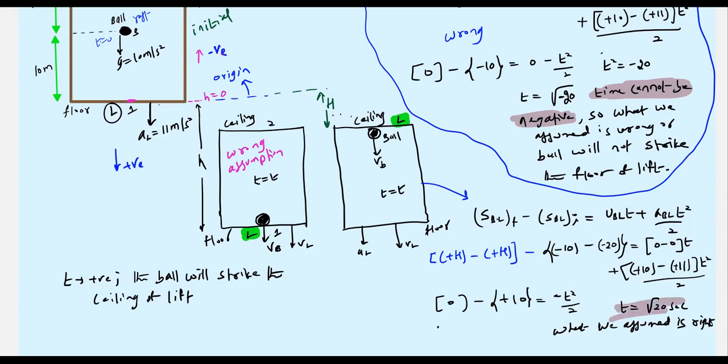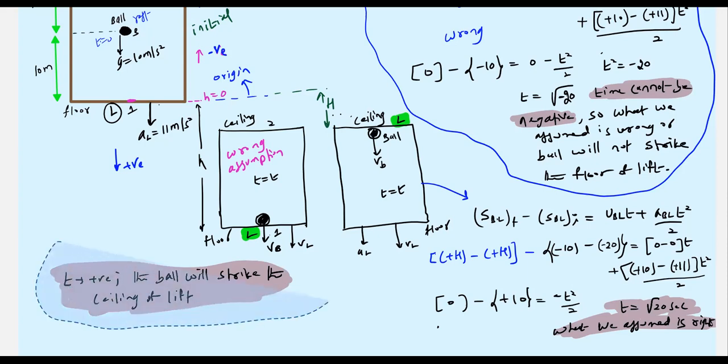We'll conclude in this way: what we assumed, that the ball will strike the ceiling, gave us positive time. So what we assumed is right. Whether we are right or wrong, the sign will determine it, because time should always be positive.